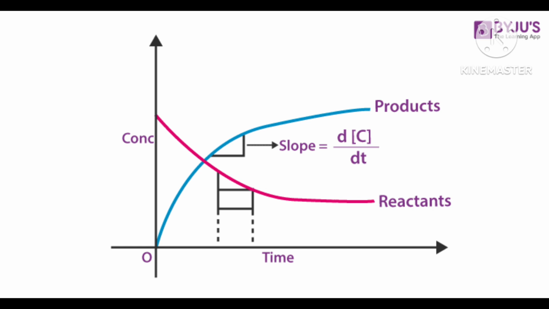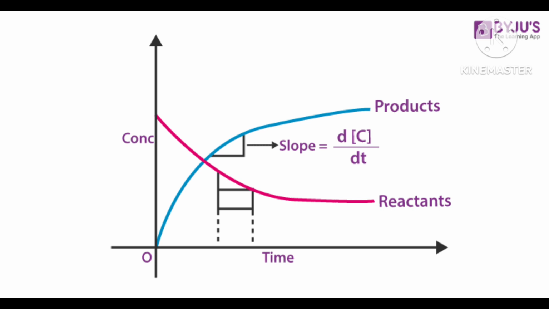For any chemical reaction, chemists are very interested to know three things. First thing, the feasibility of the chemical reaction, which can be predicted by the laws of thermodynamics. How will we come to know whether a reaction will take place or not? That can be predicted by thermodynamics.